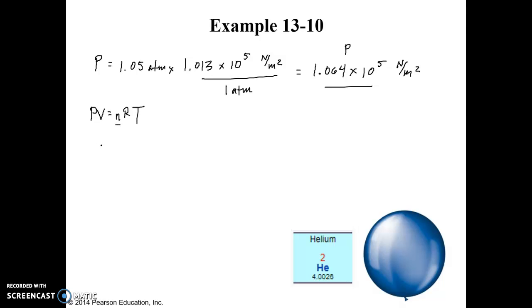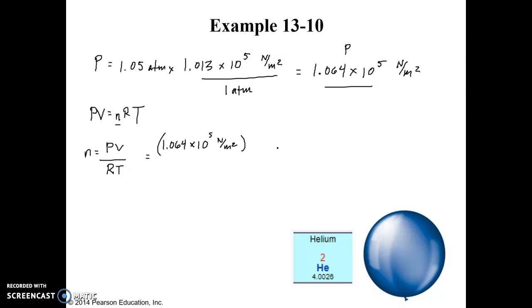We want to know how many moles there are inside this balloon. So n is going to be equal to PV divided by RT. So the pressure is 1.064 times 10 to the fifth newtons per square meter.